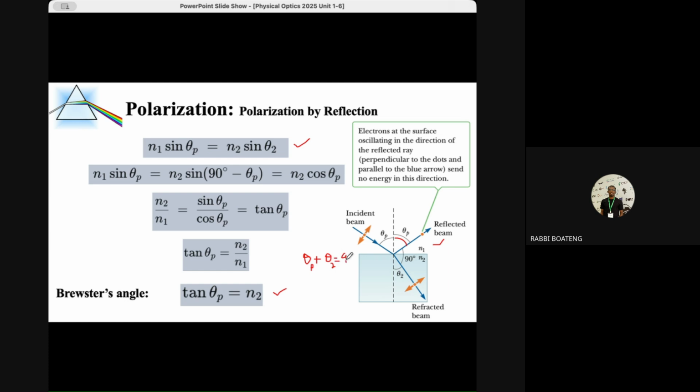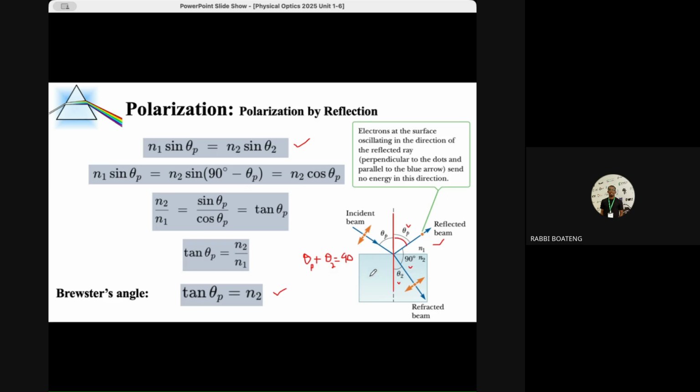Is that okay? And it makes sense because this is 180. And if these two angles are 90, it means that our angle p here and our angle 2 here are supposed to sum to 90.